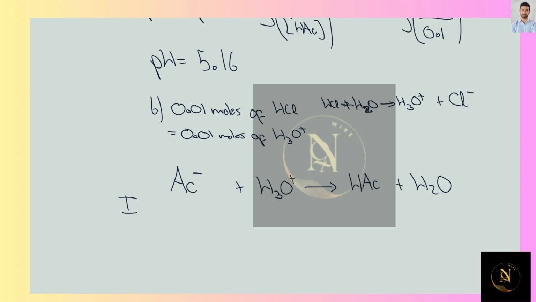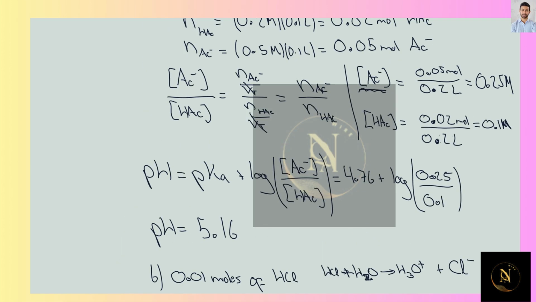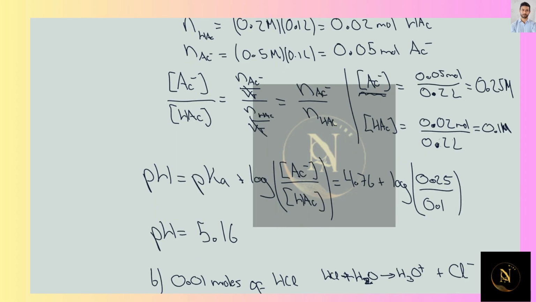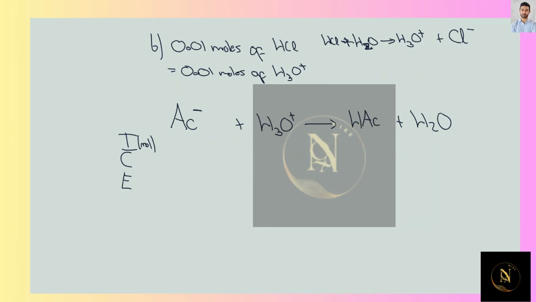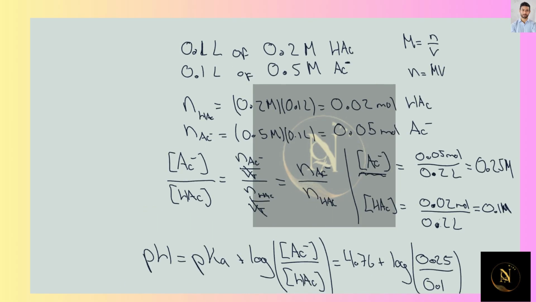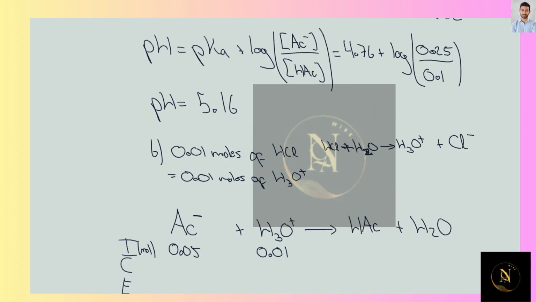And we're going to do our ICE table in terms of amount of mole. Of Ac minus, the acetate, I had initially 0.05 mole. I added 0.01 moles of hydronium ion, and of acetic acid, I had initially 0.02 mole.